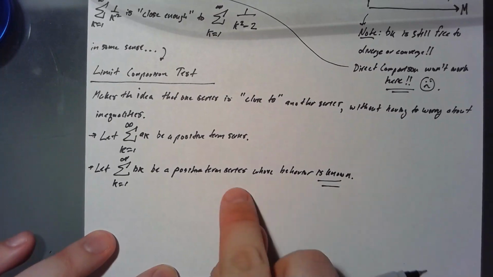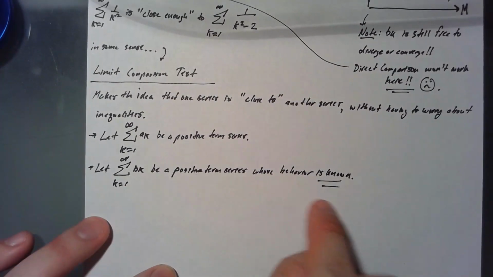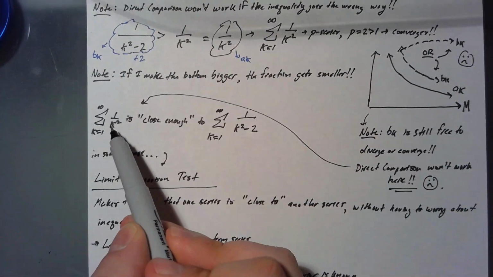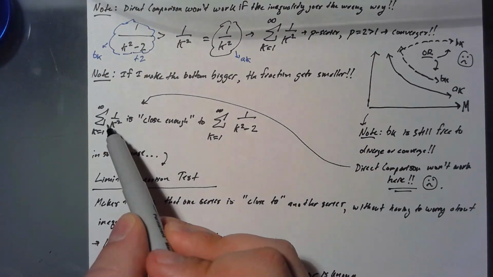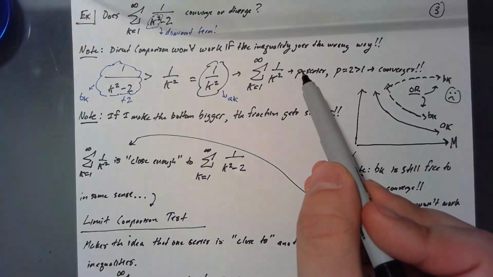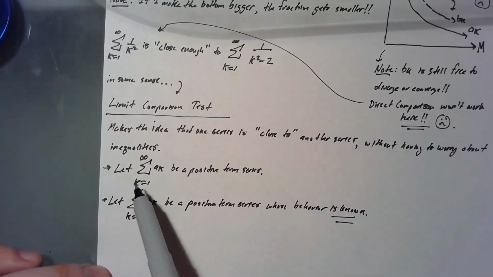So you typically choose this series because it's close to the given series. Kind of like this one, right? This series is close enough to this one, and this is a known series. It's a p-series, and it converges because p is 2.